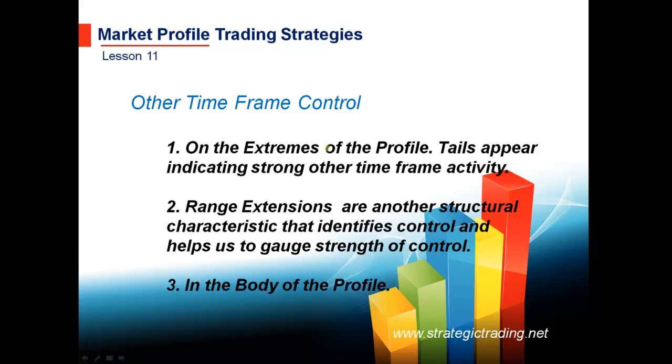On the extremes of the profile, we've already talked about the tails. So when you see tails appearing on the profile, it tells you that the other time frame is in control at that particular moment of time. And it indicates strong other time frame activity.